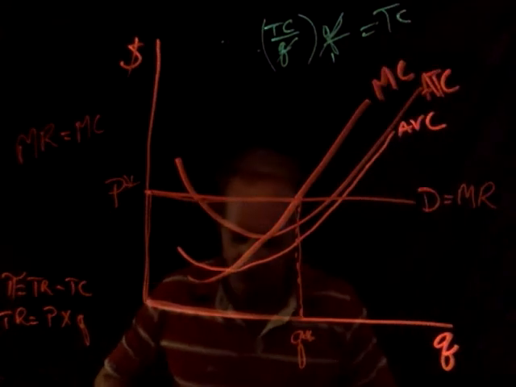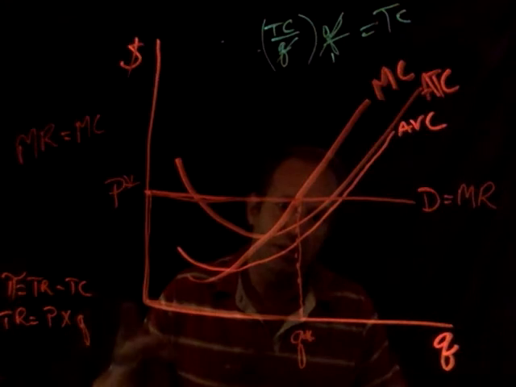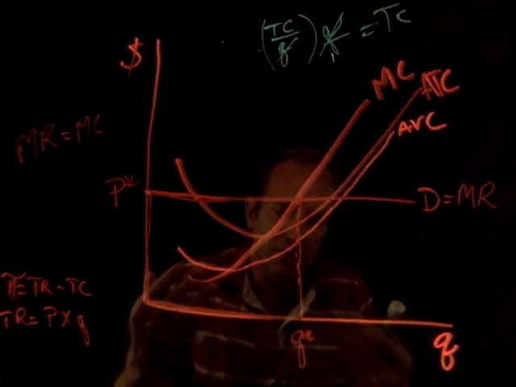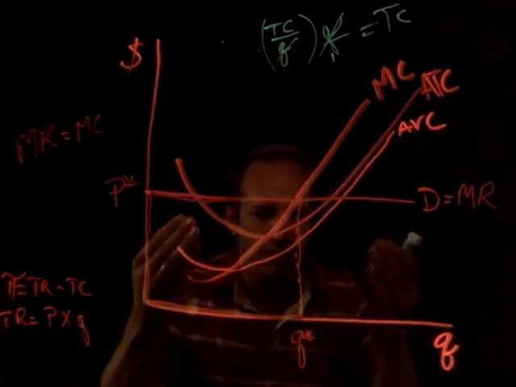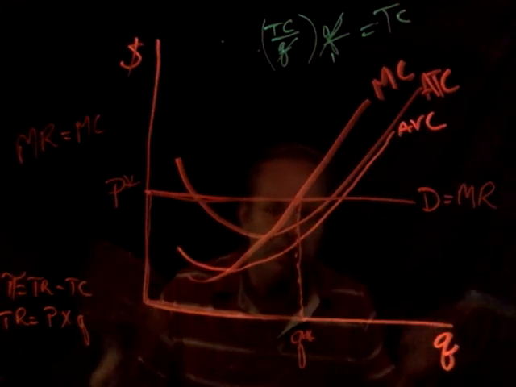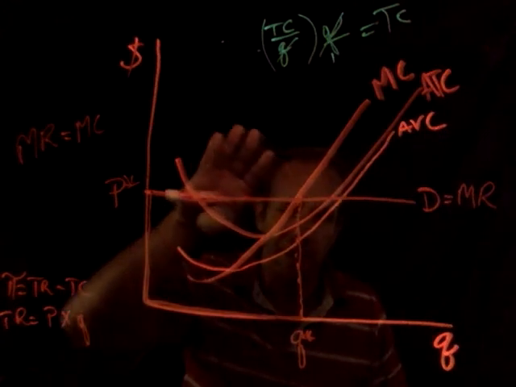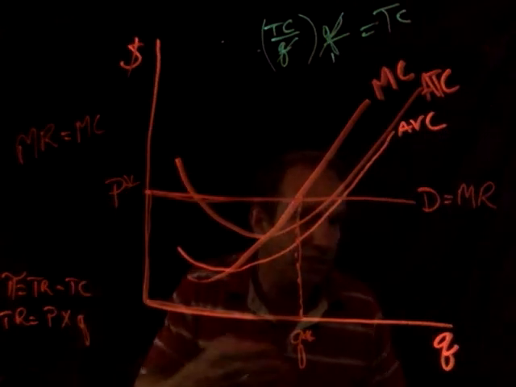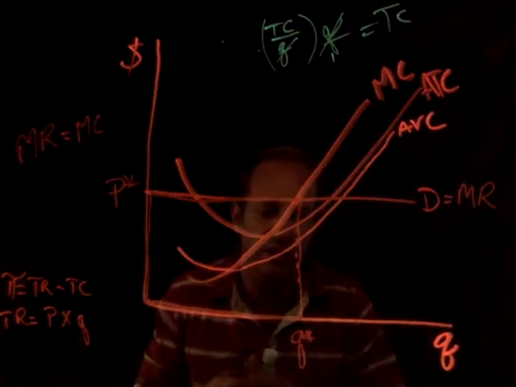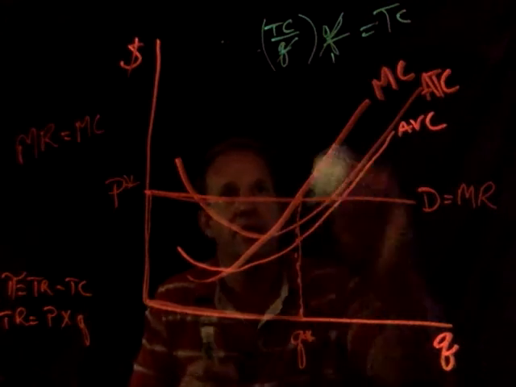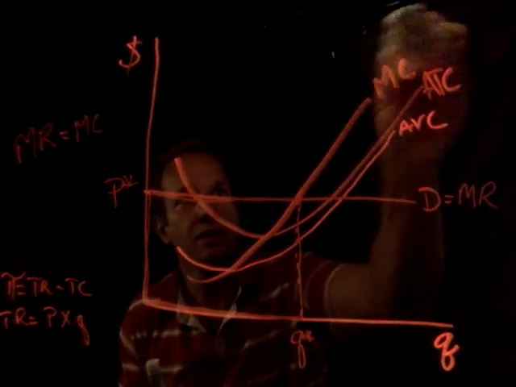So my average total cost times my quantity is equal to total cost. But that's because of what I said in lay terms. Average total cost is cost per unit. Your cost per unit times your number of units is your total cost. So you can go in a circle here using the symbols and the definition of terms in lay terms, and you arrive back where you started. So let me get that off there. Now hopefully that's laid out fairly clearly.